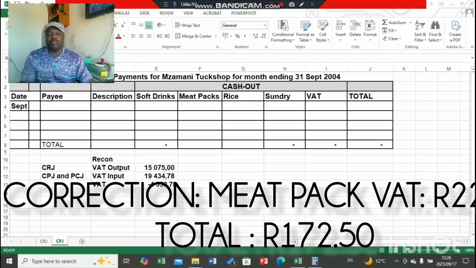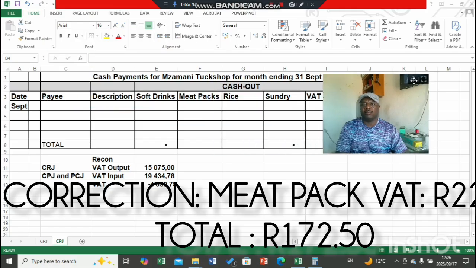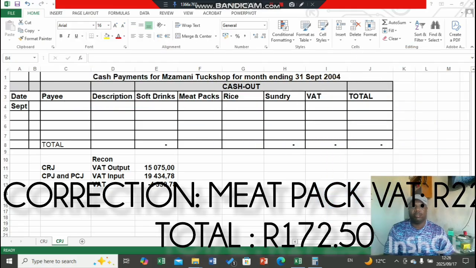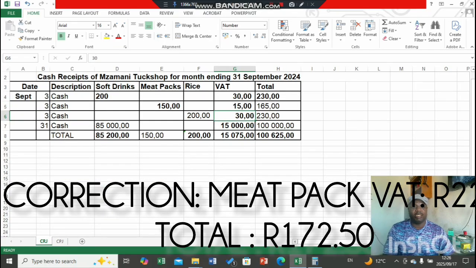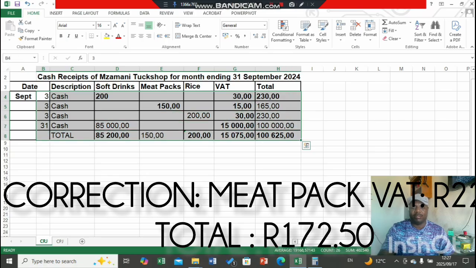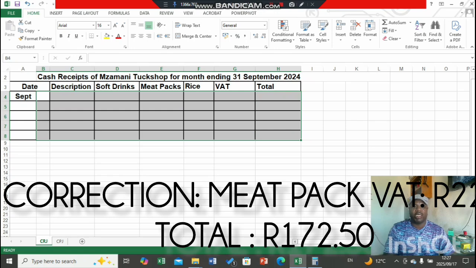I'm going to use an example of Mzamani Tax Shop here. Mzamani Tax Shop is running a tax shop. So what I'll do is just simplify things, without compromising the key principles that we need to learn.